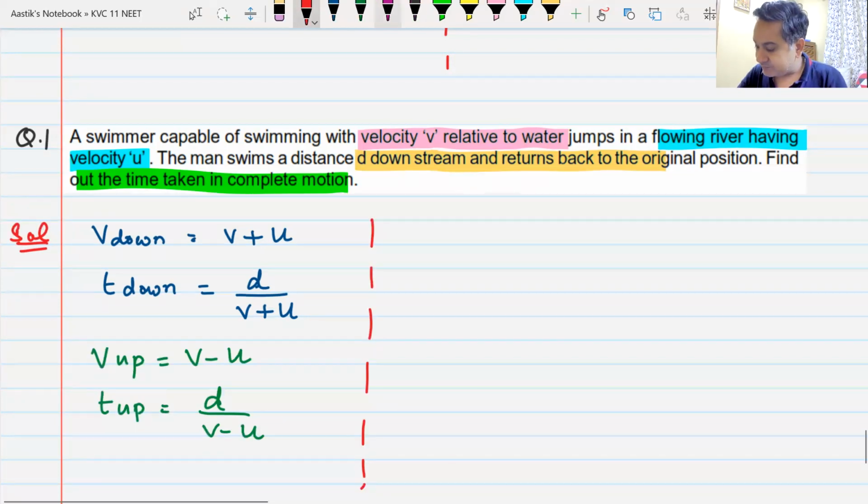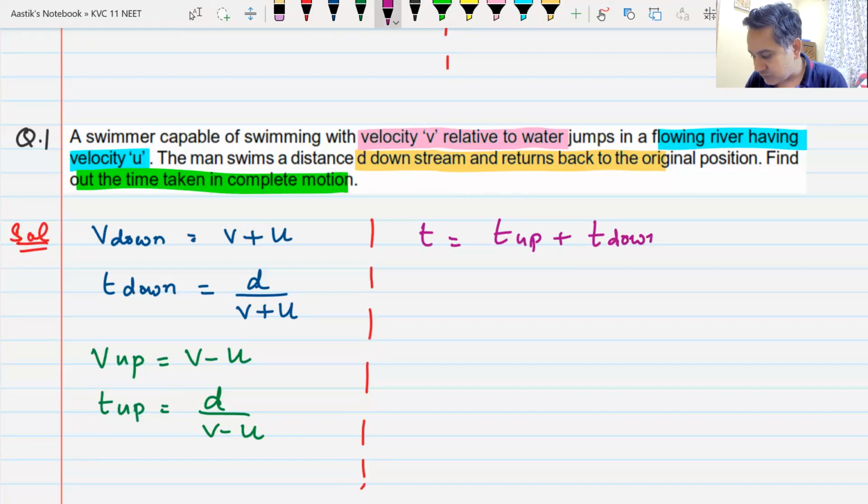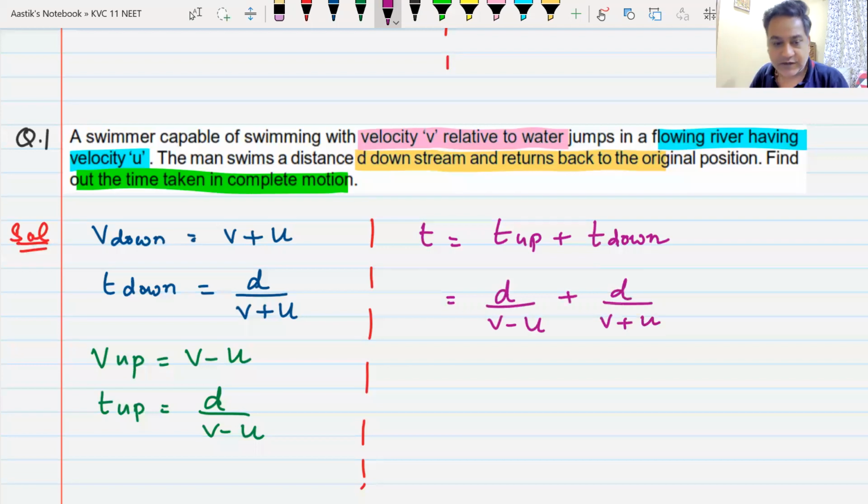Total time taken. If I call this t, total time taken will be time taken to go upstream plus time taken to go downstream. Time taken to go upstream is d upon v minus u. Time taken to go downstream is d upon v plus u.